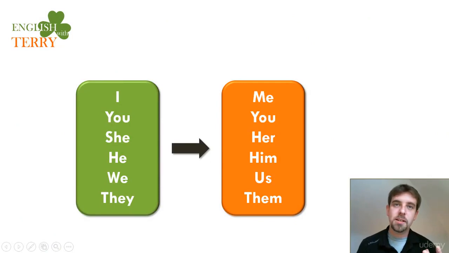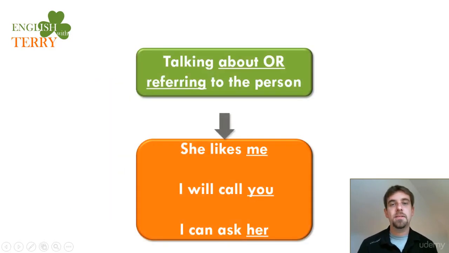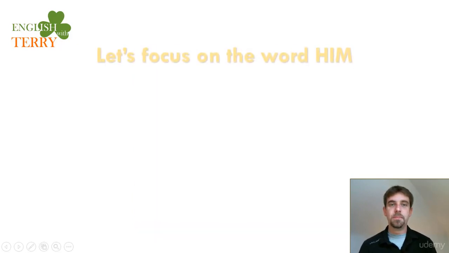So just like the last one, we talk about the difference between I, you, he, she, we, they, and me, you, her, him, us, them. When we have me, you, her, him, we are referring to the person. It's different if it's connected directly to the verb.